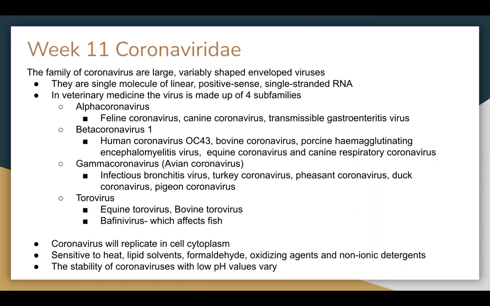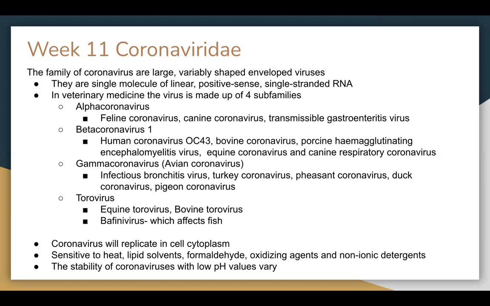Beta coronavirus number 1 includes the human coronavirus OC43, bovine coronavirus, porcine hemagglutinating encephalomyelitis virus, equine coronavirus, and canine respiratory coronavirus.